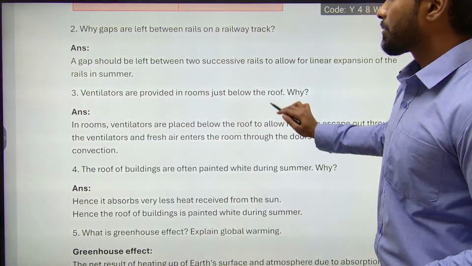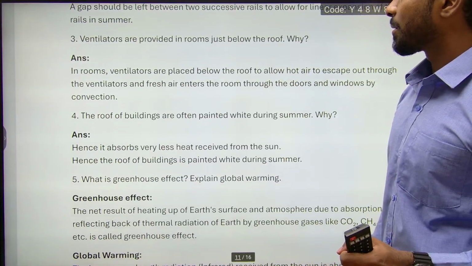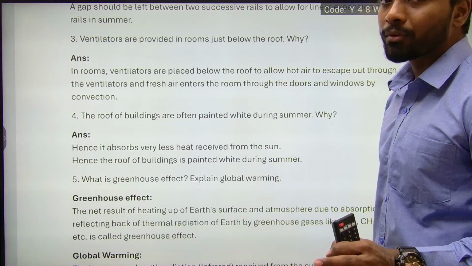Third question: the ventilators are provided in a room just below the roof. Why?